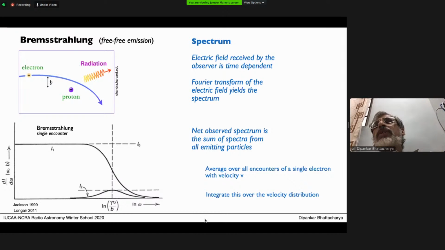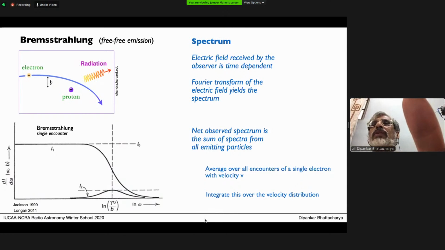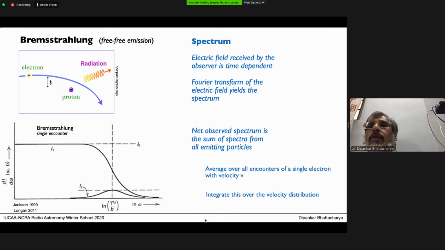Now Bremsstrahlung specifically talks about situations where the electron is not bound to the ion to begin with, and after the radiation has taken place, which means it has lost some energy, it is still in a free state, so it is still not bound. So this often goes by the name free-free emission. The electron is free in the beginning, free after the emission is done.